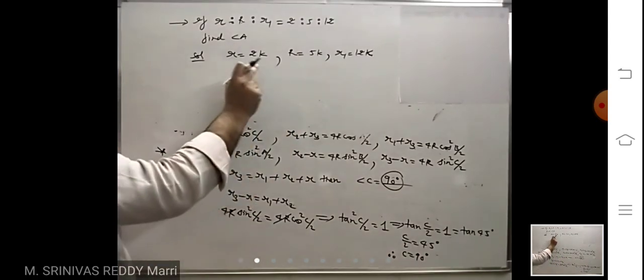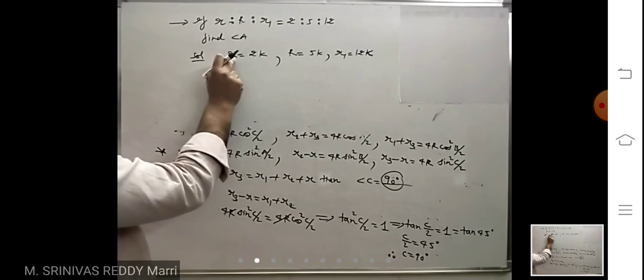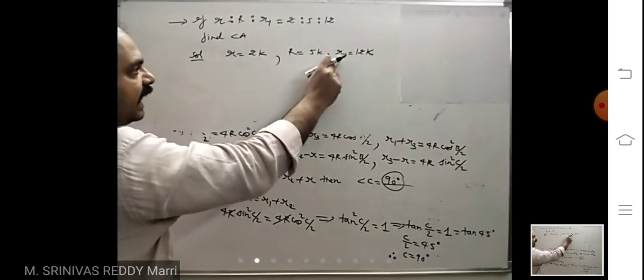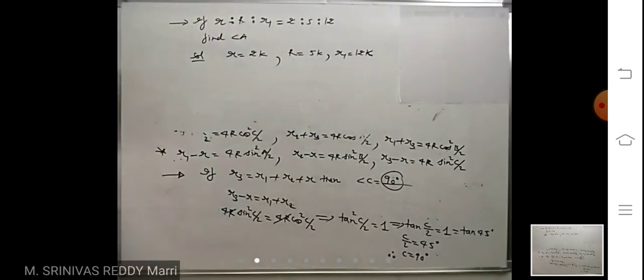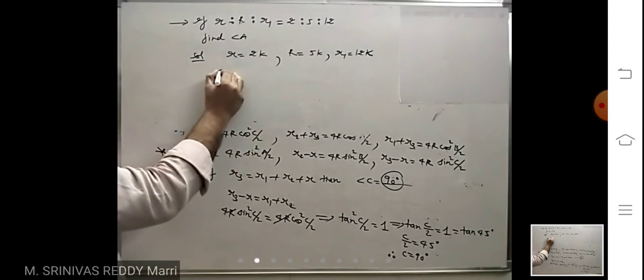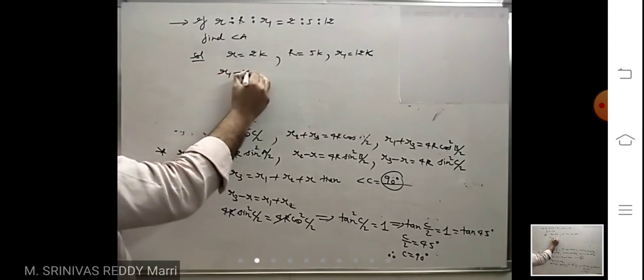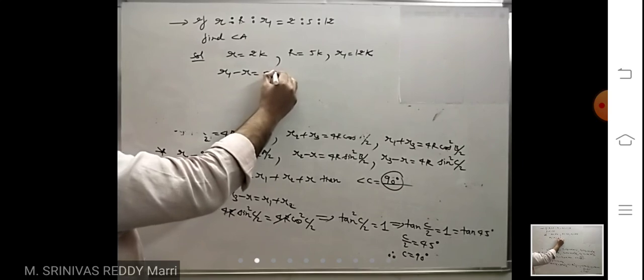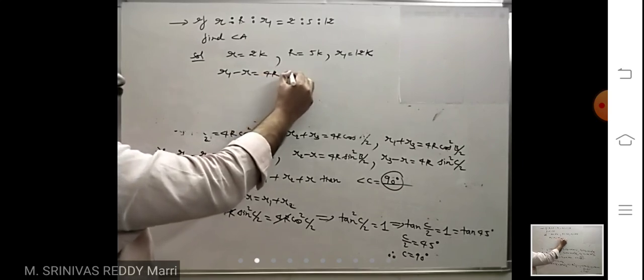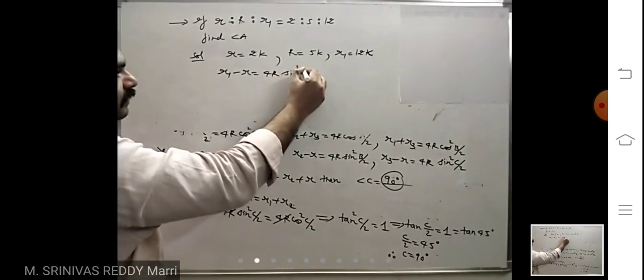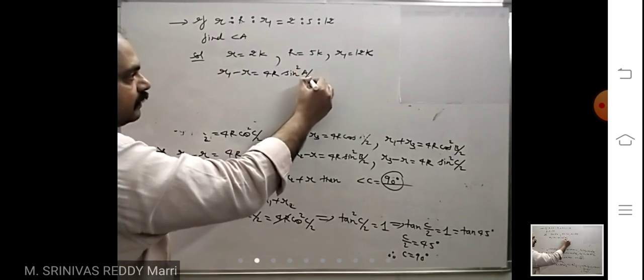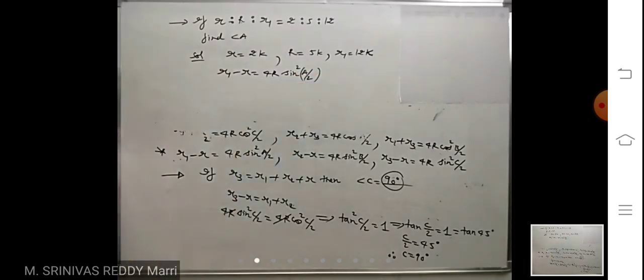Now look here: small r is involved, capital R is involved, R1 is involved, and he is asking angle A. So what is the formula you know? R1 minus r is 4R sine square A by 2.